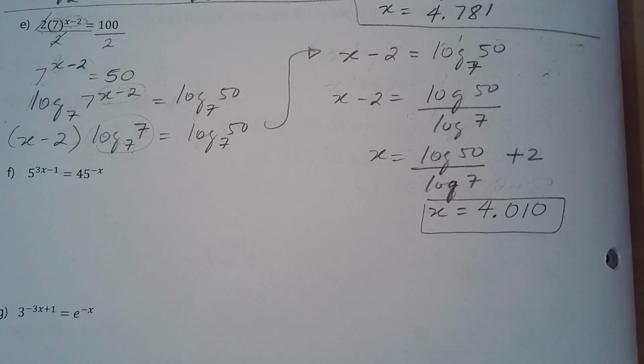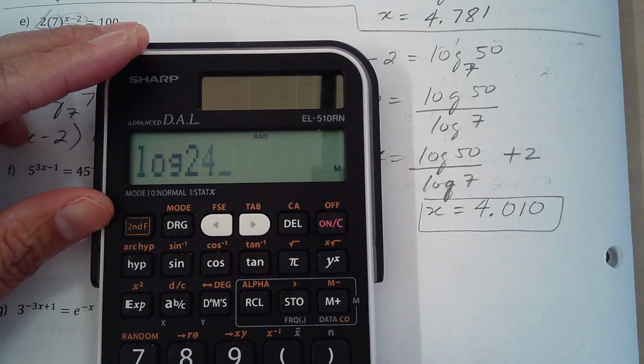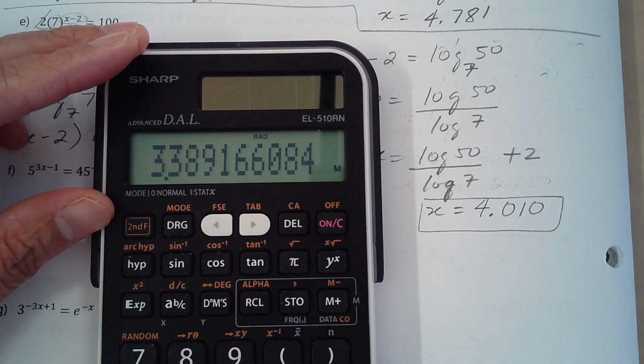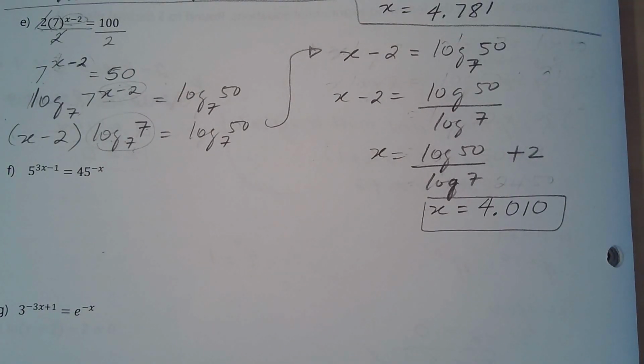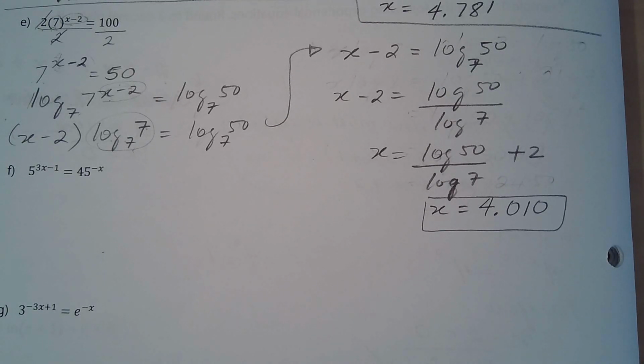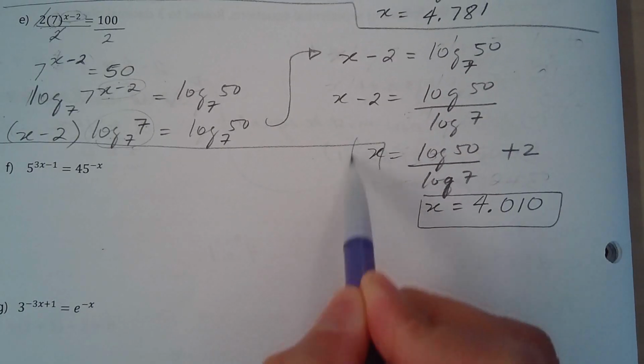You mean log of 2,450 divided by log 7? Yeah, that's right. Really? Why, how come I didn't get that? 2,450 divided by log 7. No, 4.010. Oh, okay. I don't know. Okay, good. I'm glad it worked.